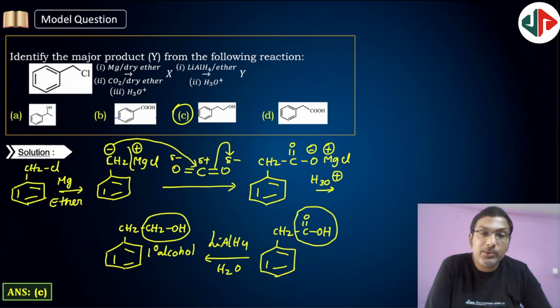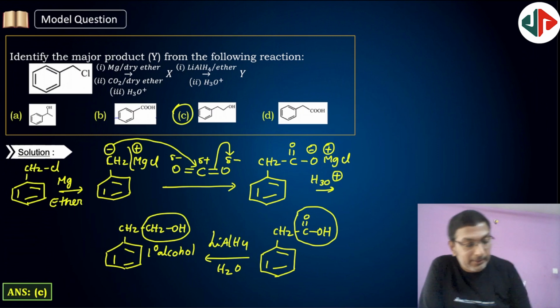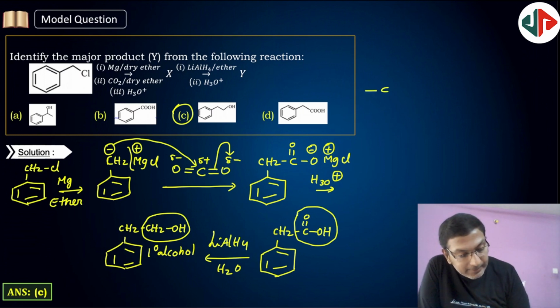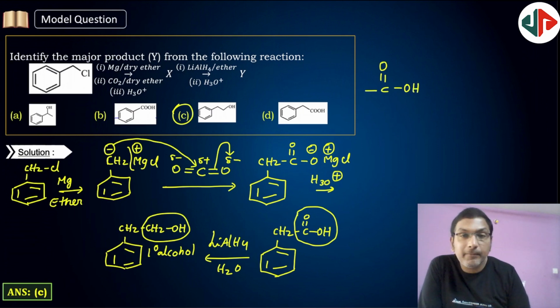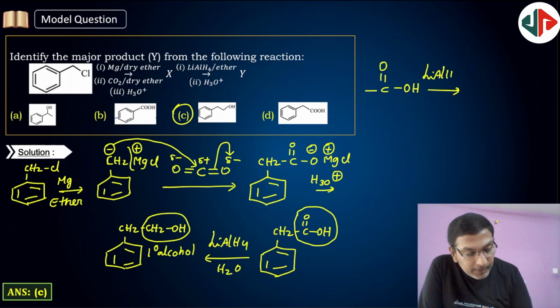C6H5CH2CH2OH. COOH group will be converted to primary alcohol. Remember like this: COOH, lithium aluminum hydride followed by H2O. Dissociate like this.